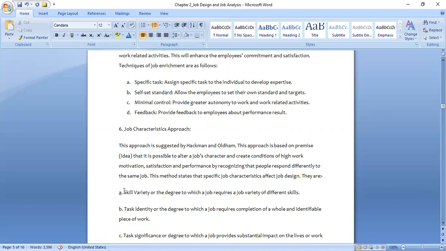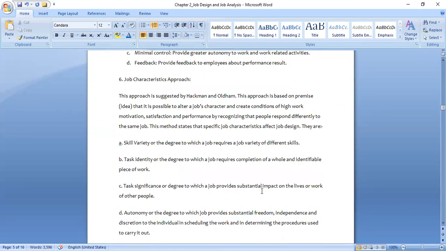The job characteristics approach. So these jobs have different characteristics. And this approach was suggested by Hackman and Oldham, right? According to this approach, it is assumed that jobs have different characteristics, and that these characteristics are as follows.